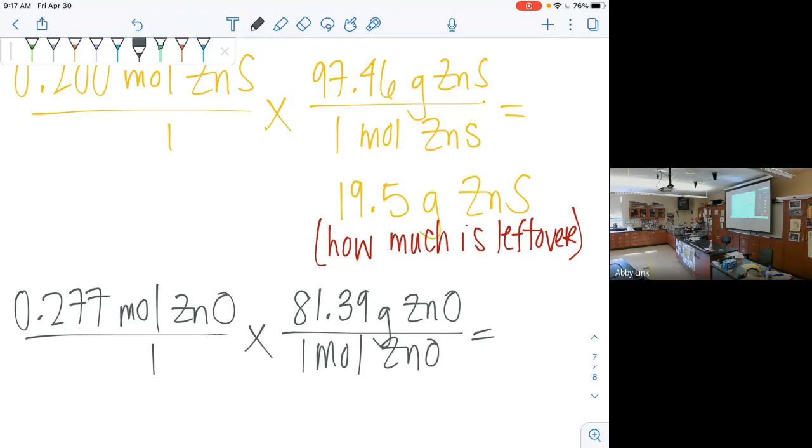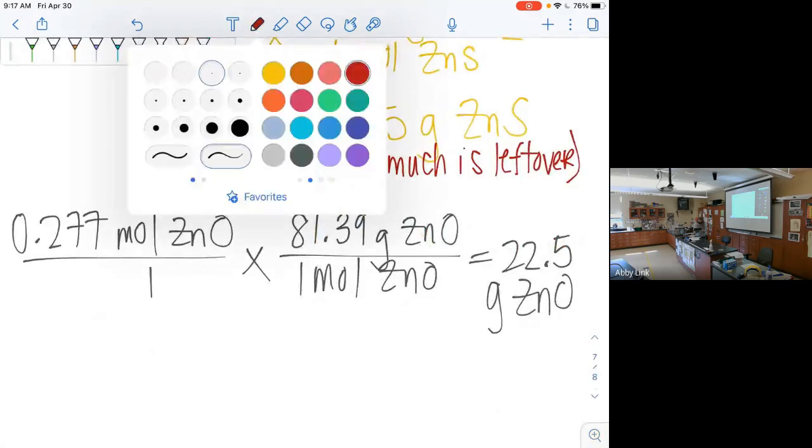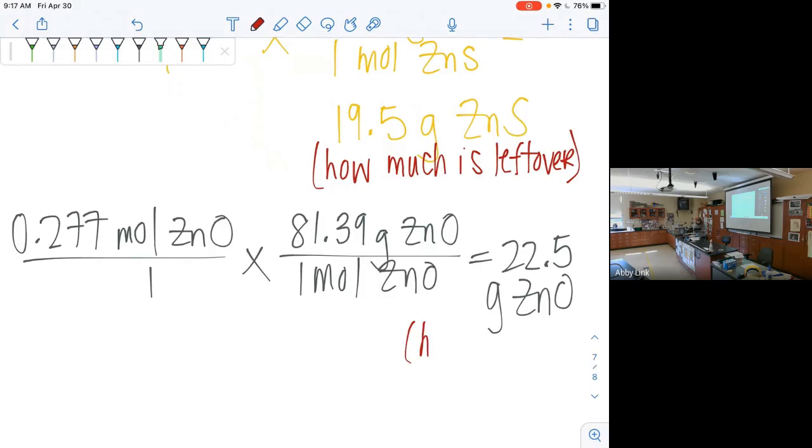All right, 3 sig figs yet again. We end up with 22.5 grams of zinc oxide. And I'll label this as well. This is how much is produced.